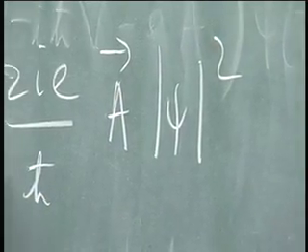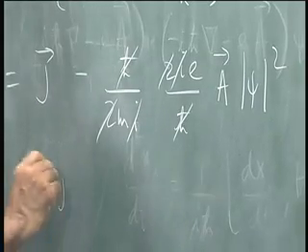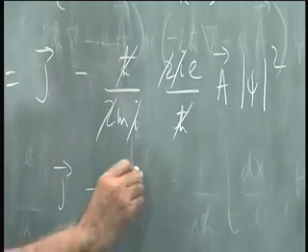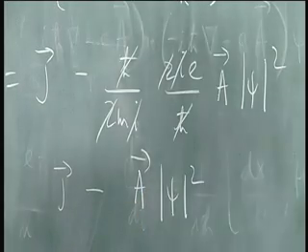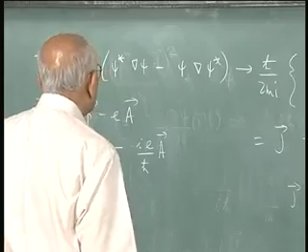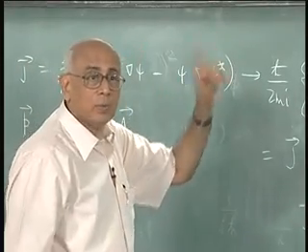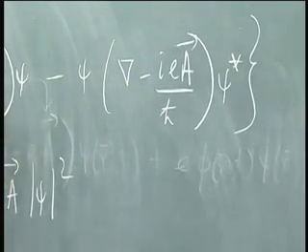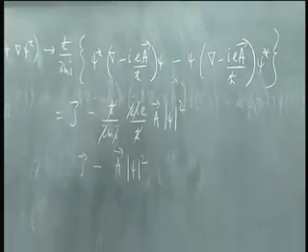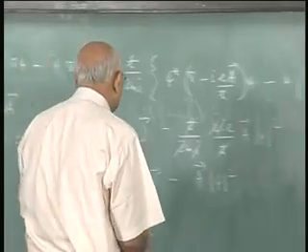So this 2i cancels and the h cross cancels, so really this goes to J minus A mod psi squared. This is what I am supposed to get. Okay, I need to take the gradient of psi star, so there is a plus sign, this becomes a plus, and then you get a 2, you get exactly the statement that I have made here. Check this out from the beginning, I made a sign mistake somewhere.